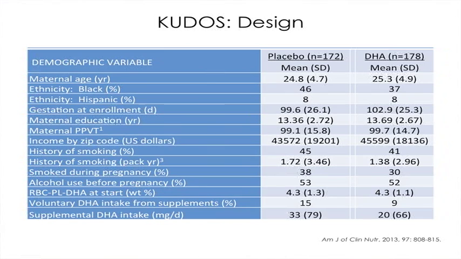This is a much more educated and higher SES sample than we saw in the postnatal feeding study, so that is important to bring to bear on this. But there were no differences on any of these variables as a function of group membership or randomization.